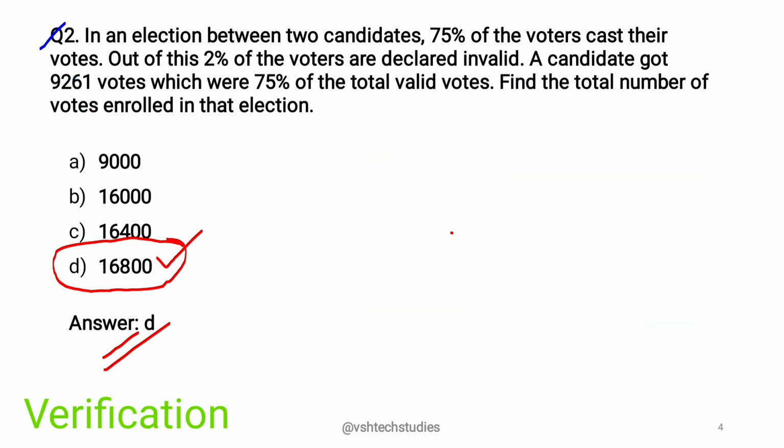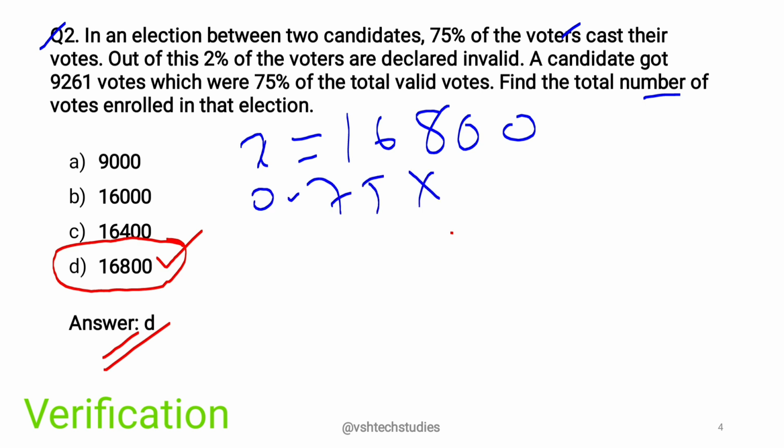Now let us verify the answer. Here the total number of voters enrolled in the election, that is X, is found to be 16,800. Whether this is right or wrong. Now 75% of the voters cast their votes. So 75% of this means 0.75 into 16,800, that is equal to 12,600.